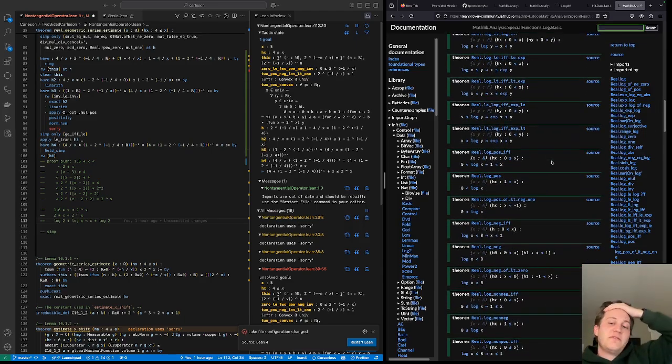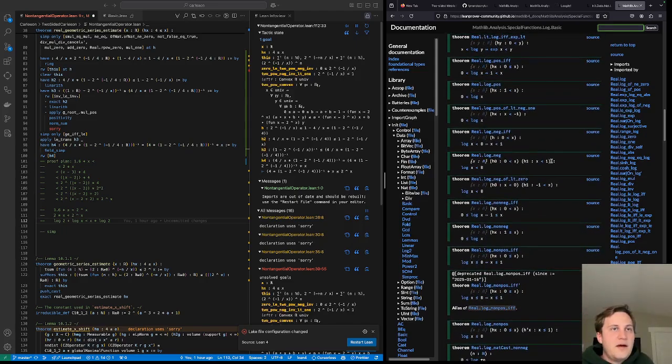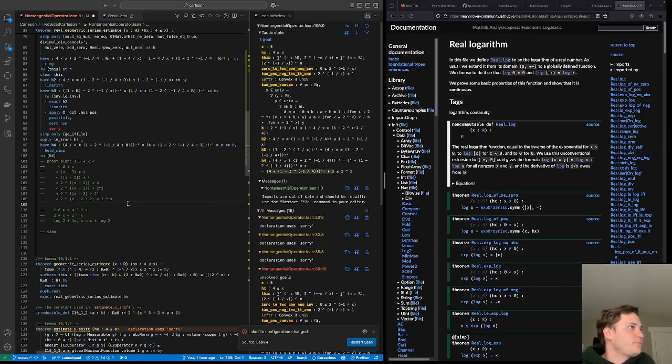This reminds me of the Bertrand's postulate proof that I was working on all those years ago, where you have to go through this nightmare to prove obvious facts. Right, the fundamental reason why I think this should be true. The funny thing is the fact that x is greater than 4.